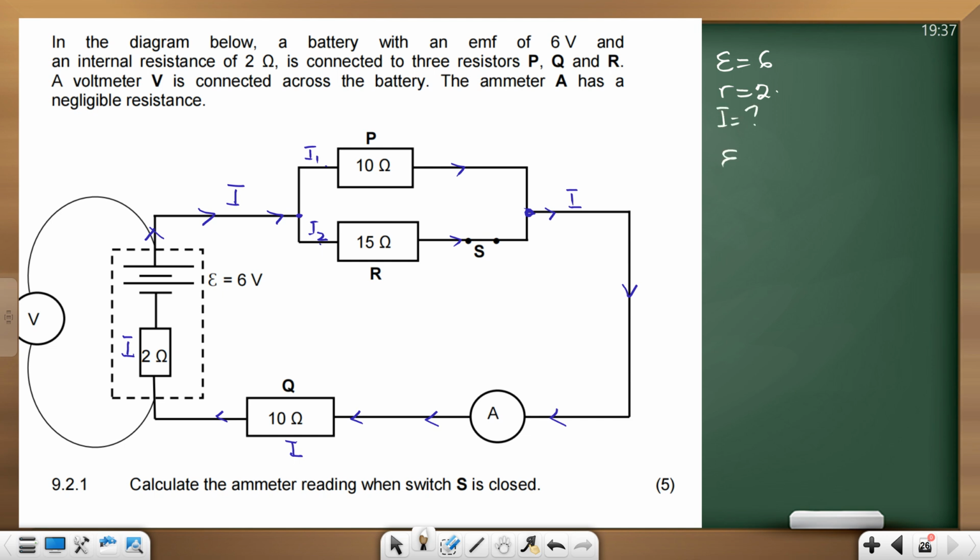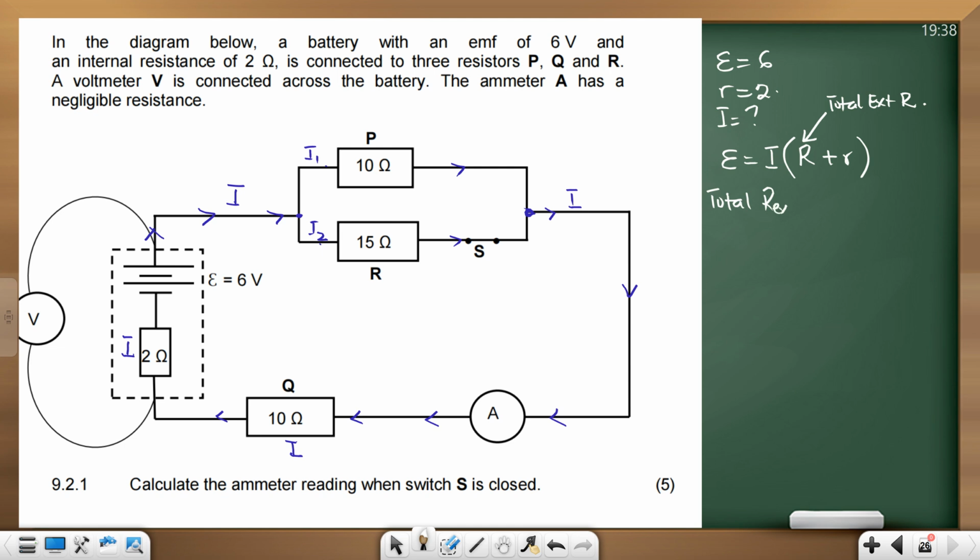What is that formula? E equals I into bracket R plus r. What is this R? Total what? External resistance. Guys, look at this circuit. Can you calculate the total external for me? That's grade 10. Everybody, let's calculate total resistance.